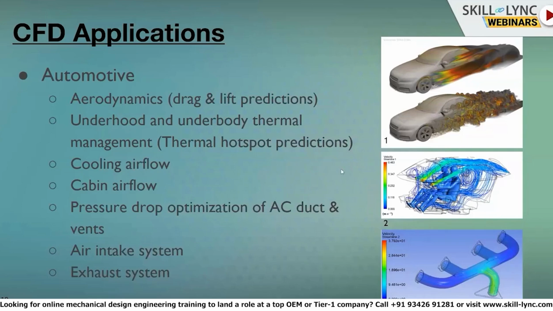But the CFD engineer working on this problem has to make sure that the moment the passenger switches on the AC, the cabin is cooled within a fraction of a second, 1 or 2 seconds. He has to make sure the air reaches all the passengers, be it in the front row, second row, or third row, with sufficient velocity.